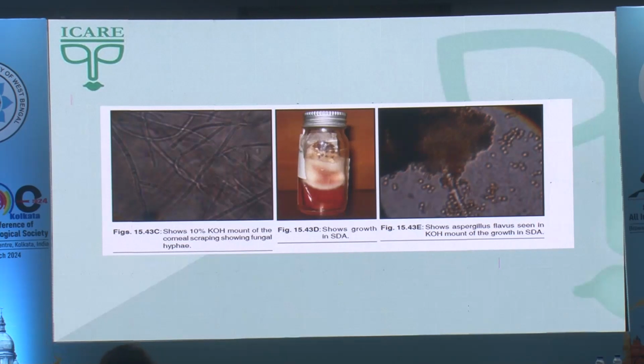So the fungal hyphae here seen in KOH, and in Sabouraud's you can even identify the species depending upon the growth on the Sabouraud's or the pigmentation on the growth. Also the pigmentation on the back side of the bottle gives you an indication of the species.